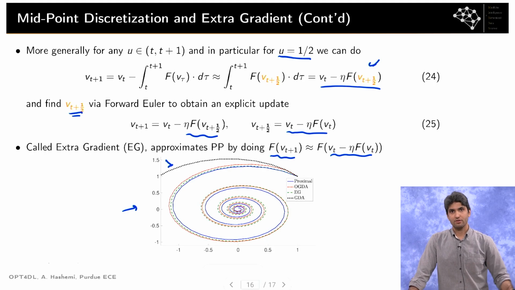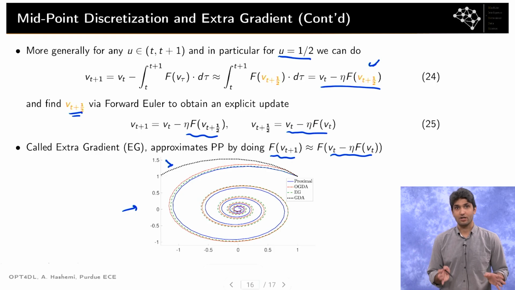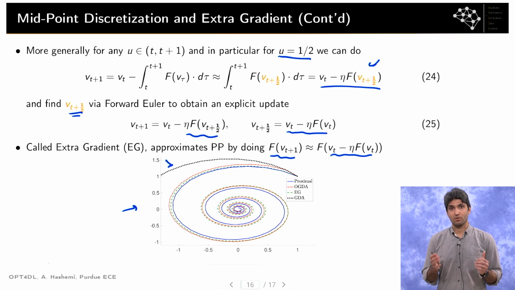It diverges, it doesn't reach the equilibrium, whereas the other trajectories, namely proximal point method, extra gradient, as well as optimistic gradient, something that I'm going to talk about in the next slide, all converge to the equilibrium. Again, this can be associated with the idea of negative momentum, that we are sort of correcting the wrong momentum, the wrong direction of the gradient, by using predictability.